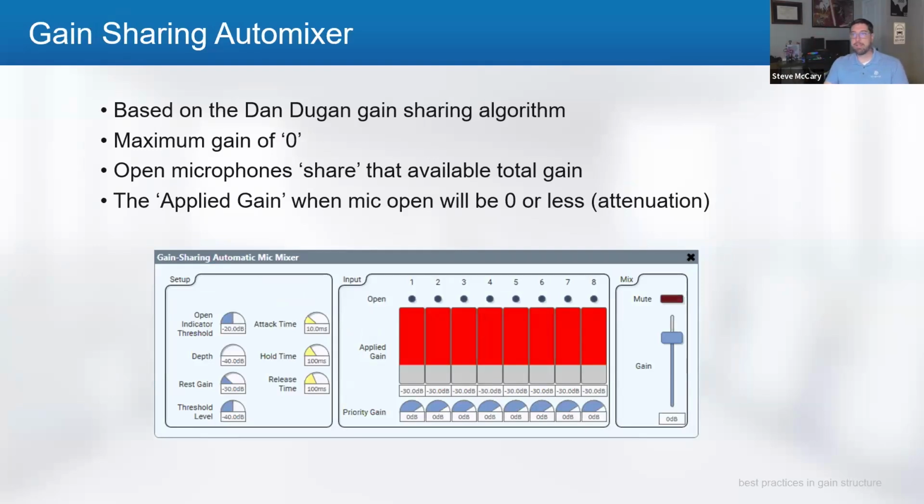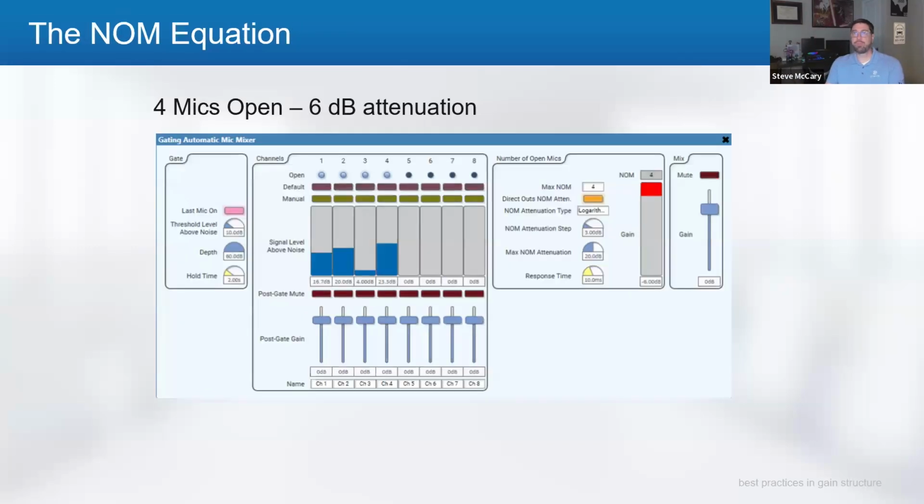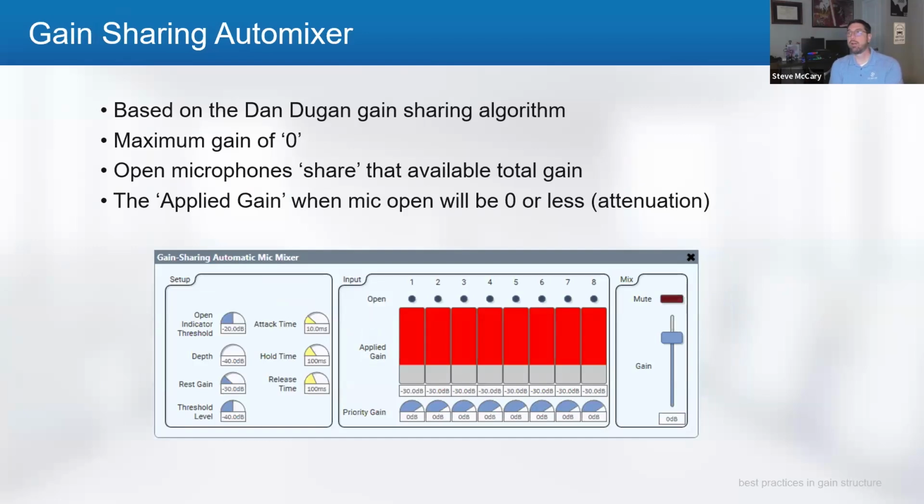The other side of this is a gain sharing mixer. So this is a gating mixer that we've been dealing with. This is a gain sharing mixer. What this is basically is all microphones have a maximum gain of 0. If you're not talking on them, we reduce their gain.